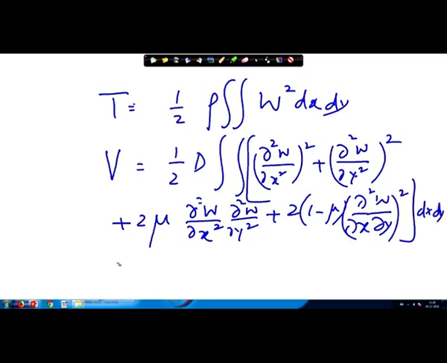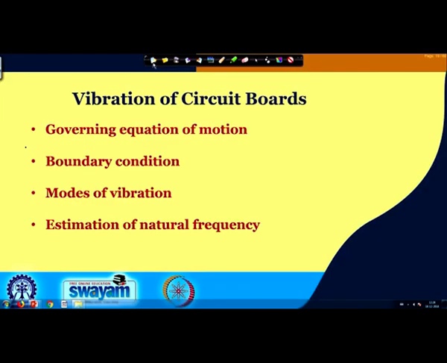So, knowing this expression we can find out the natural frequency. So, the natural frequency definitely depends upon the boundary conditions. So, this is how the vibration of the circuit board can be known and calculated.